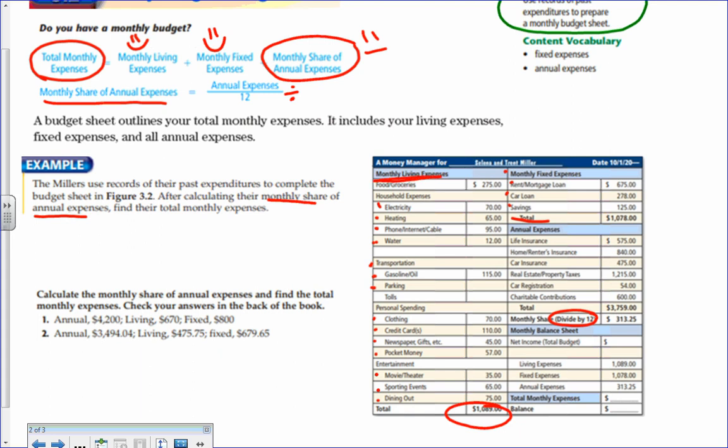So all this stuff here in the left-hand column is all added together for you, and it totals $1,089. And then their monthly fixed expenses are these guys. That is also totaled for you. That's $1,078.